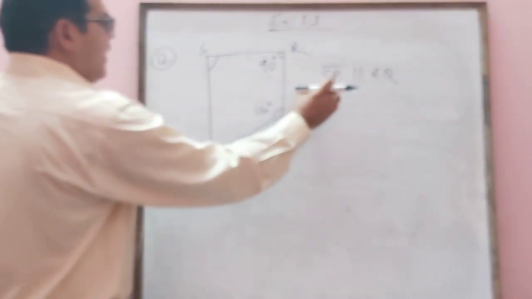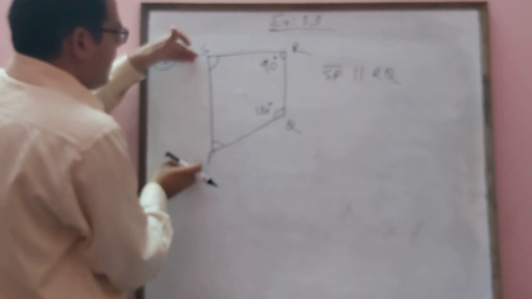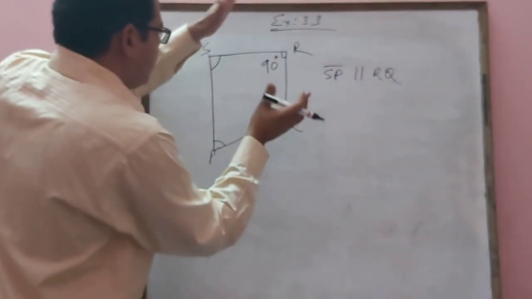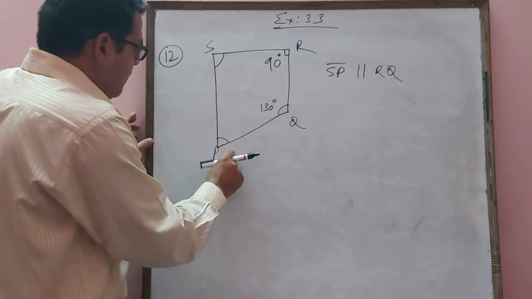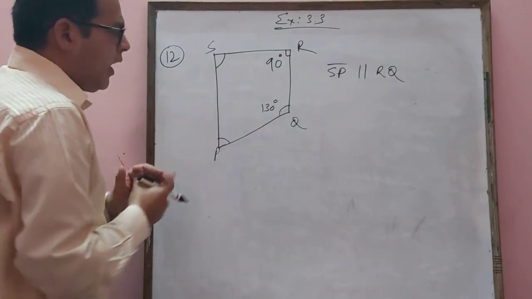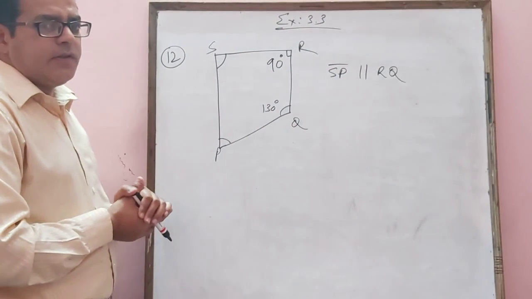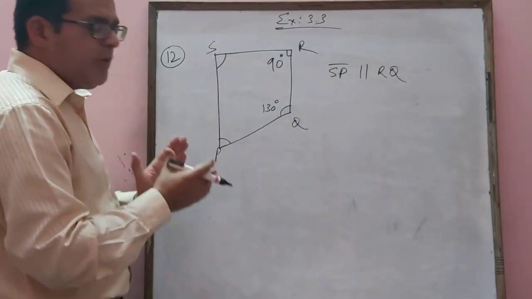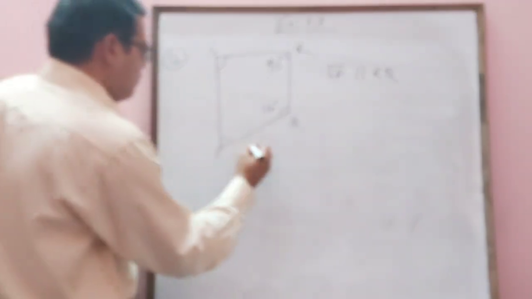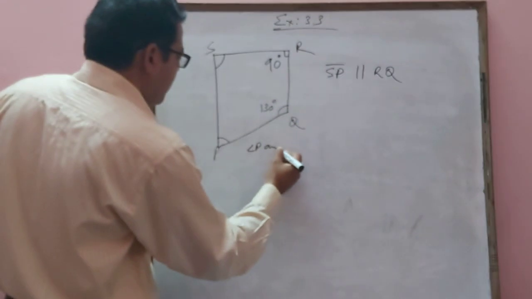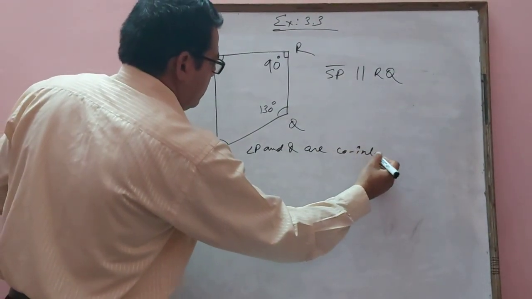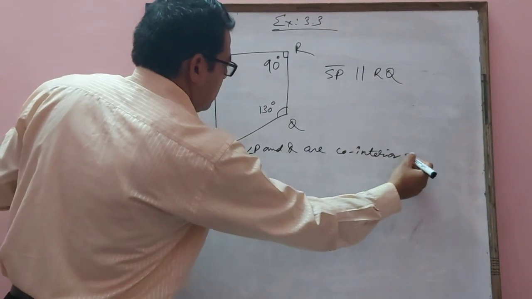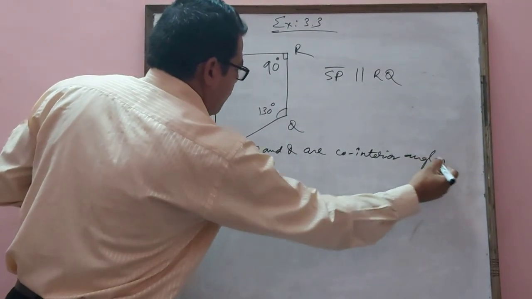Now it is given that SP, this line segment, is parallel to RQ, this line segment. So it means angle P and angle Q are co-interior angles. Right? So their sum will be 180 degree. So you can write here, angle P and angle Q are co-interior angles. Why are these co-interior?